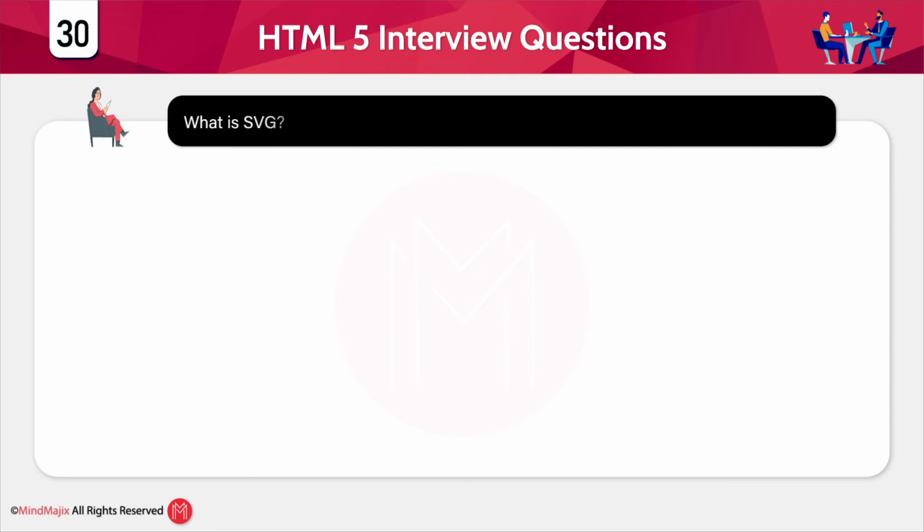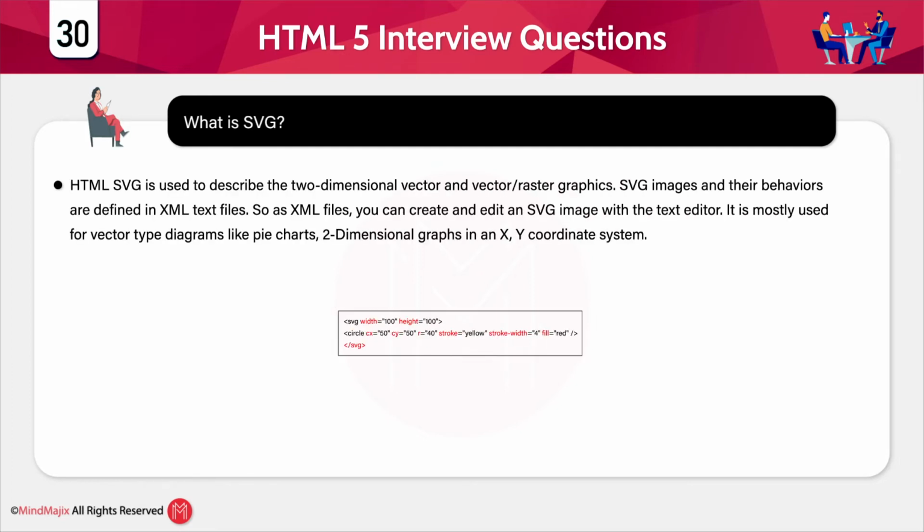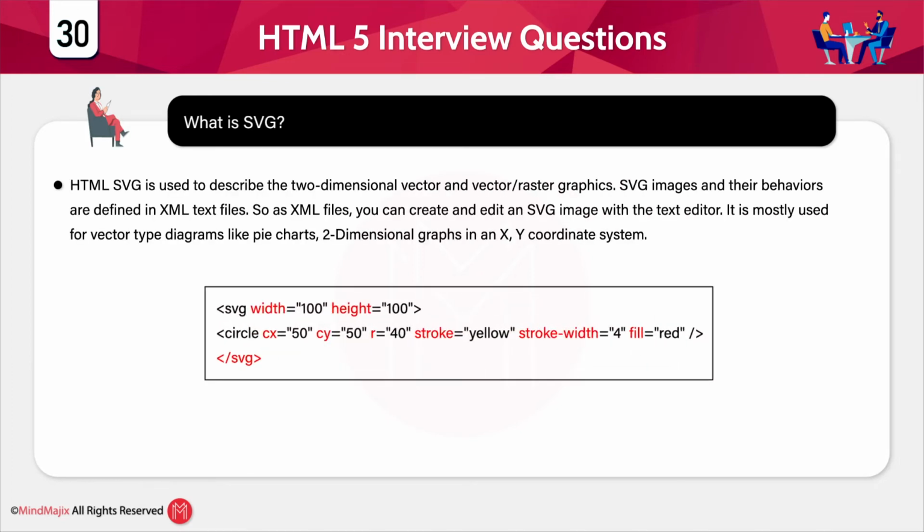What is SVG? HTML SVG is used for describing two-dimensional vector or raster graphics. SVG images and their behaviors are defined in XML text files, so you can create and edit an SVG image with a text editor.